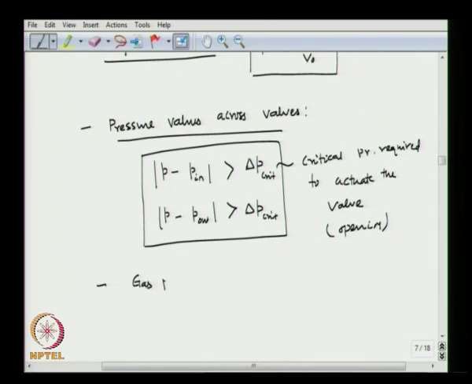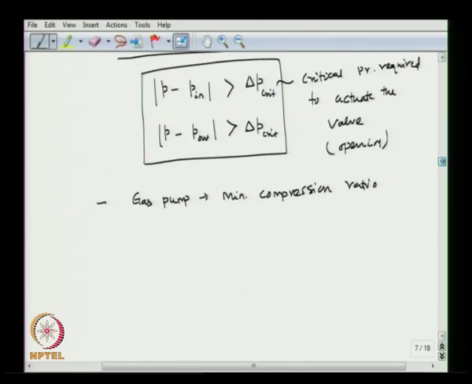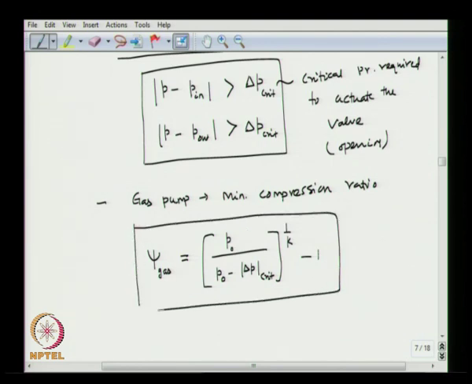For a gas pump, the minimum compression ratio has been estimated as, so delta V to dead volume will be P0 divided by P0 minus delta P critical, to the power 1 over K minus 1, where K is the specific heat ratio, and P0 is the ambient pressure, the atmospheric pressure.